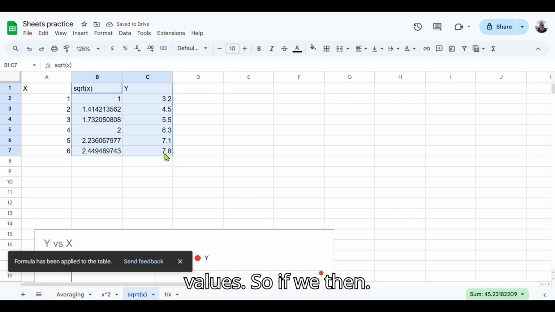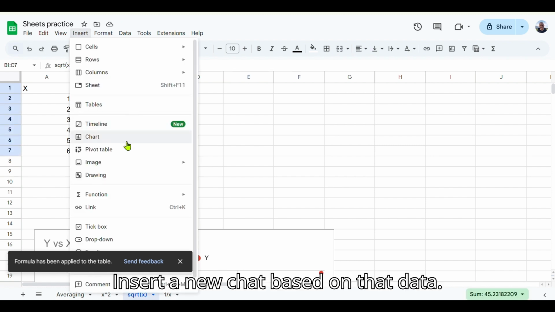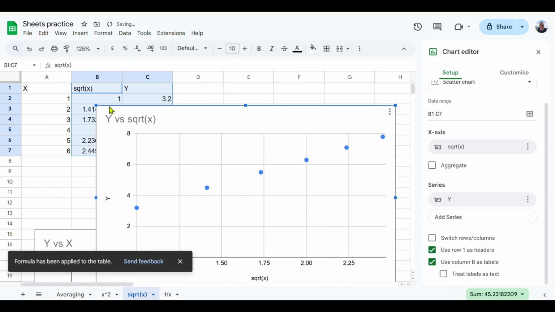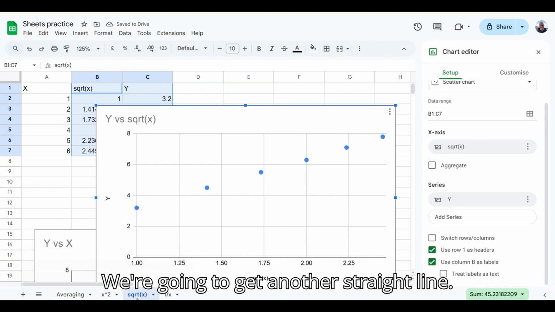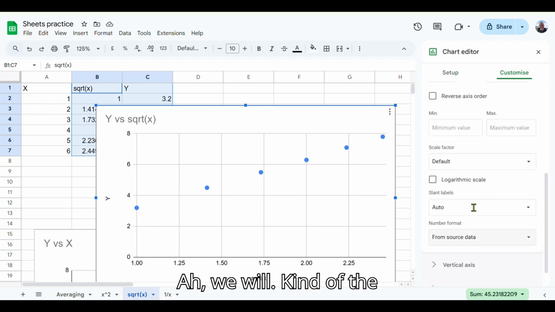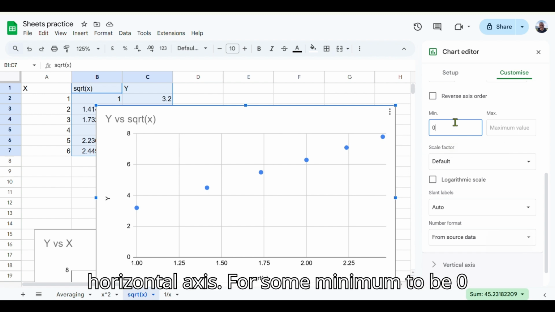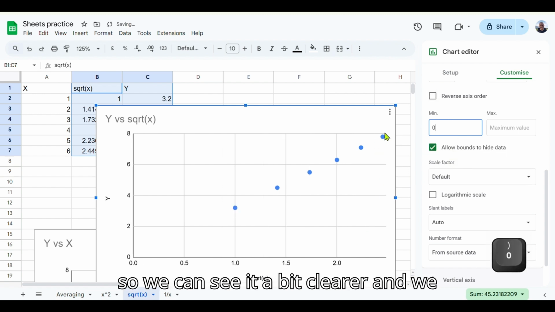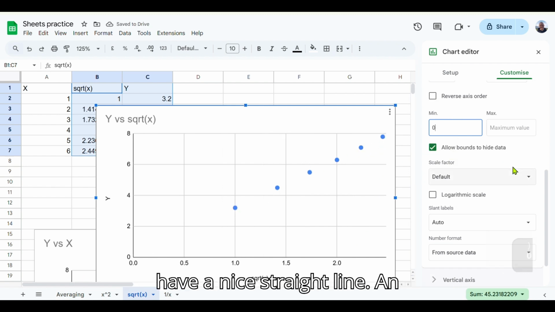So if we then insert a new chart based on that data, we're going to get another straight line. We will go to the horizontal axis, force our minimum to be 0 so we can see it a bit clearer, and we have a nice straight line.